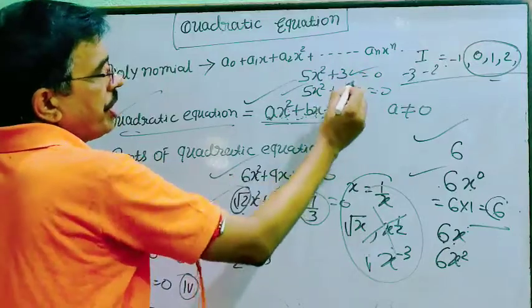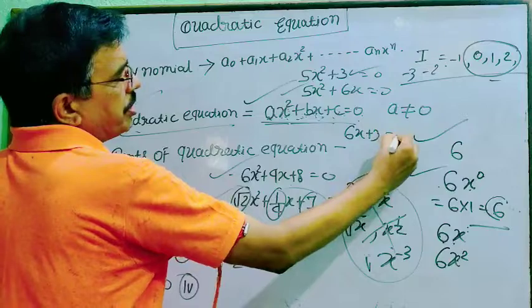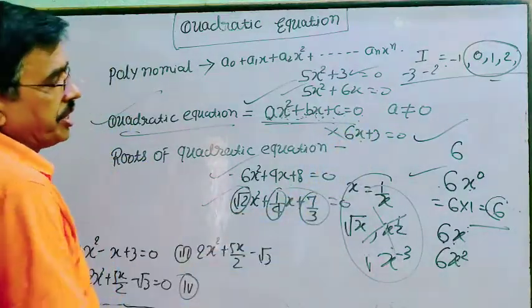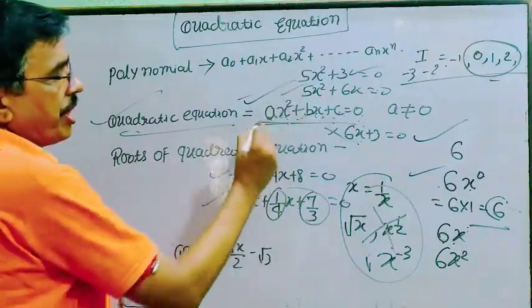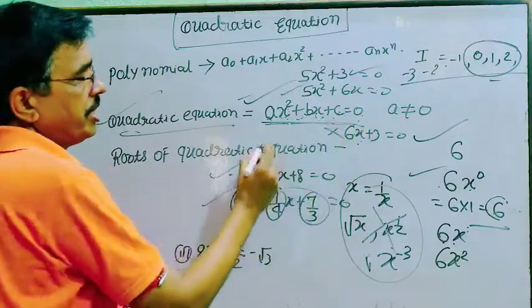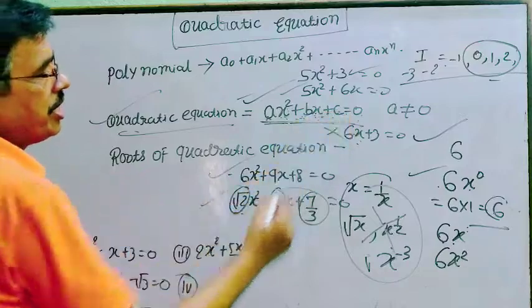But if you write 6x plus 3 is equal to 0, it is not quadratic, it is a linear equation because its degree is 1. It is compulsory that a quadratic has degree 2. So the condition is that a is never 0, but a, b, c are real numbers.